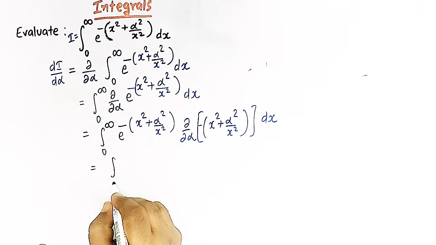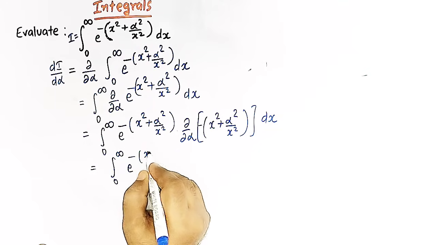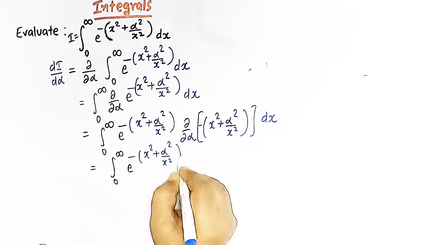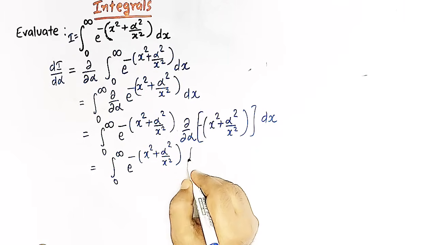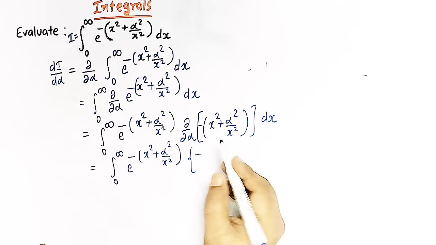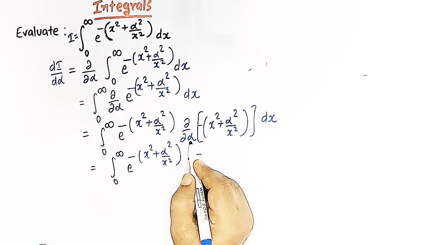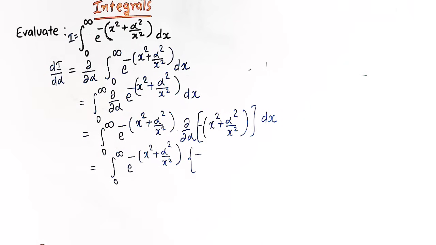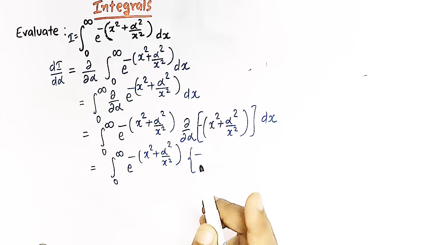So now we can write 0 to infinity e raised to minus (x square plus alpha square over x square). So we'll keep this term as such, and here we can now write a negative sign, and the derivative of x square with respect to alpha is 0, because here we are dealing with partial derivatives, and x is taken as a constant.